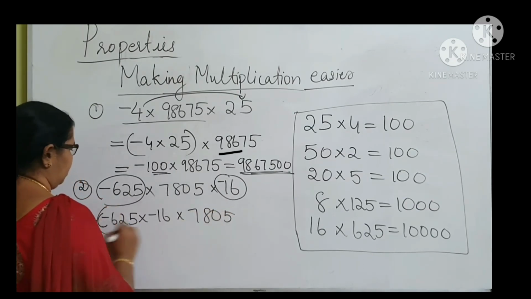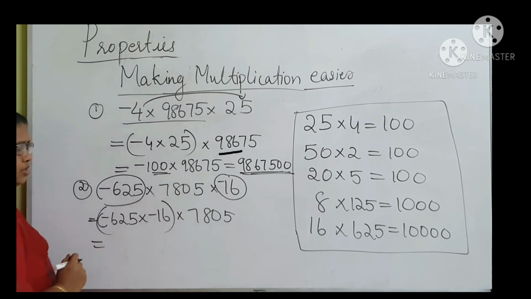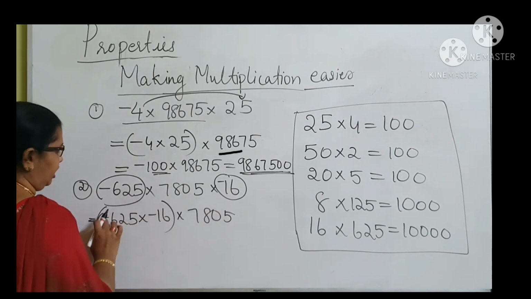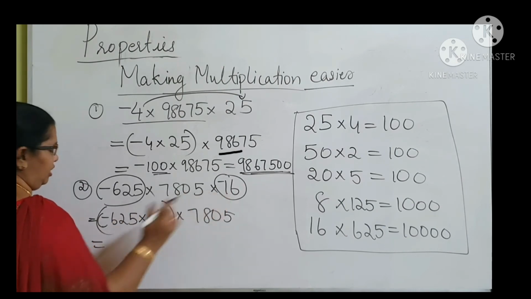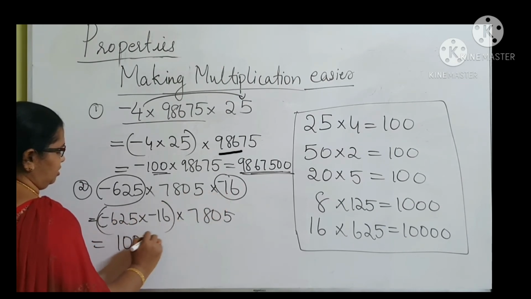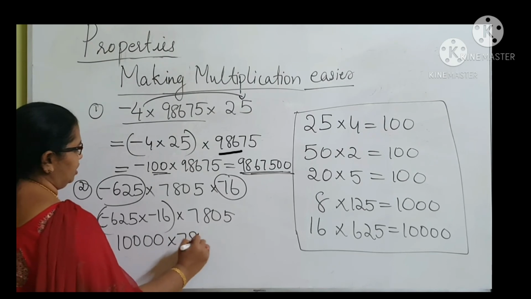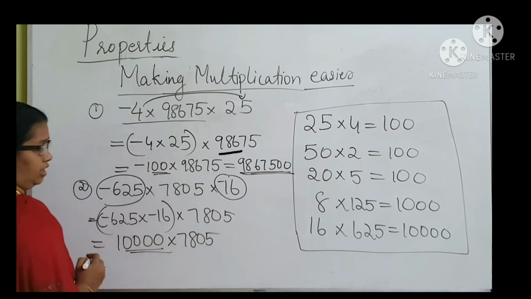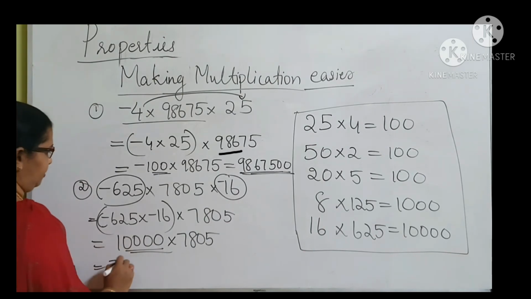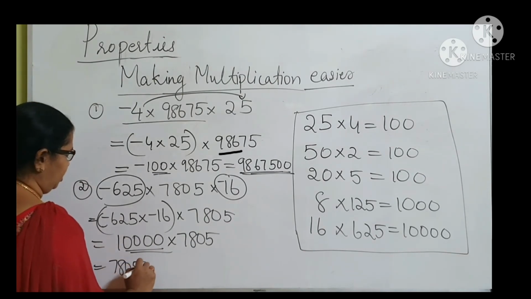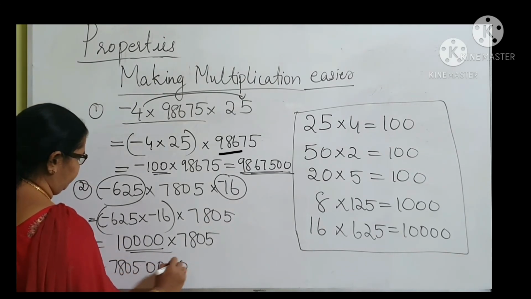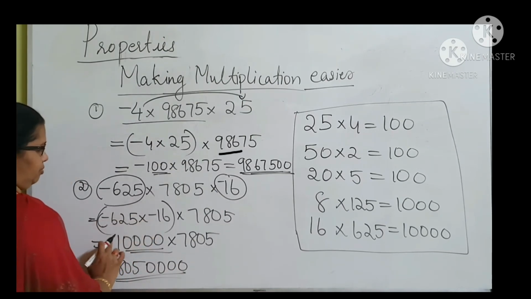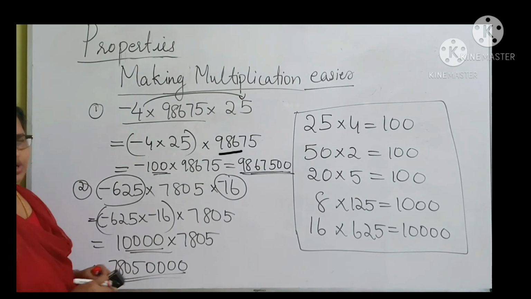That is the associative property. Then what is negative 625 into negative 16? Negative into negative is positive and their product is 10,000 into 7,805. Then multiplication with 10,000 is very easy. Keeping 4 zeros on the right side of 7,805, this is the answer. Negative into negative is positive. Positive into positive is positive.